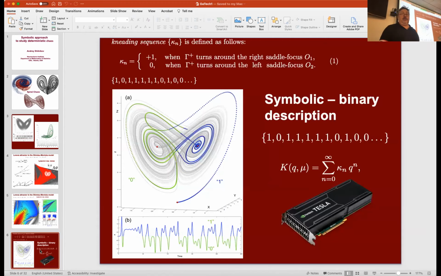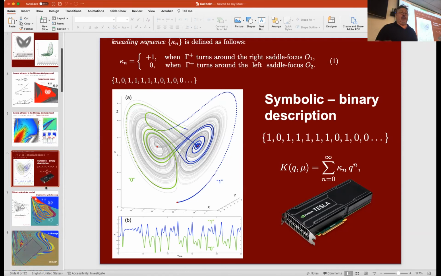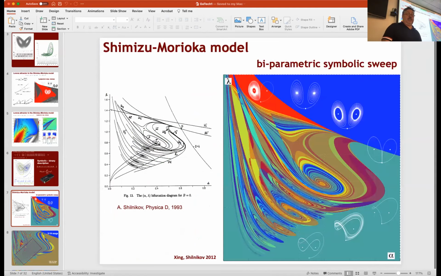Okay, so then I go back to the slide to introduce the symbolic description using ones and zeros, and you see the same picture of Tesla. Tesla GPUs were extremely instrumental to better understand what's going on. And I waited for nearly 20 years to revisit my old research from when I was a PhD student.